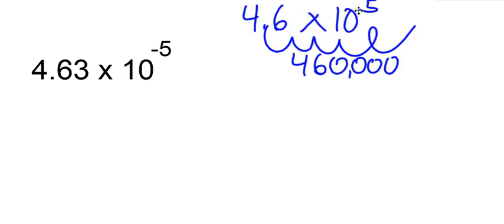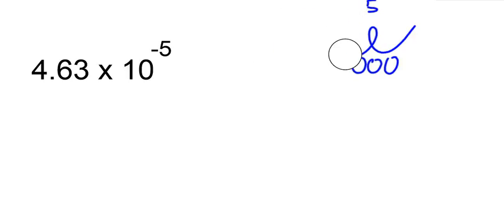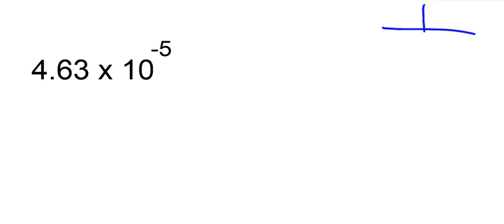So if we put it in the negative, it's just like working with a fraction, 10 to the whatever power. And so instead of moving our decimal to the right, we're going to move our decimal to the left.